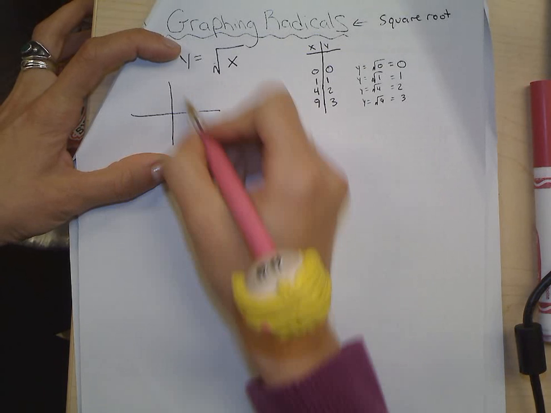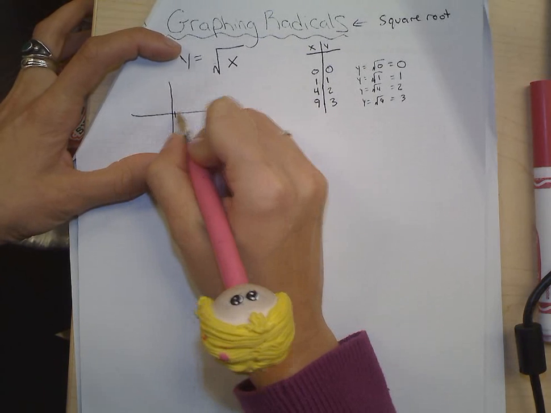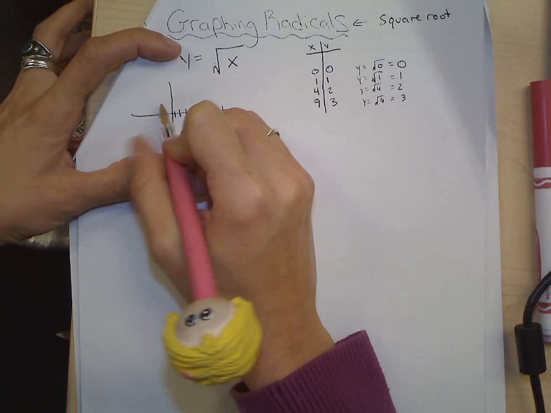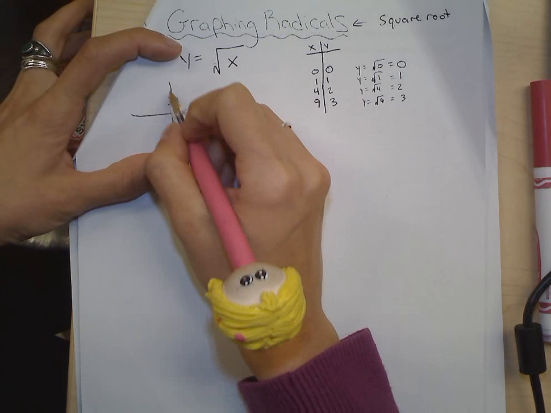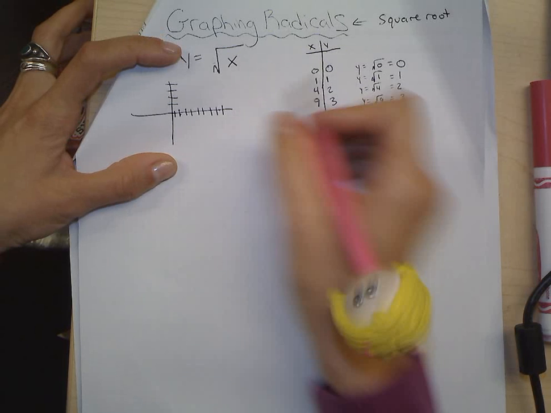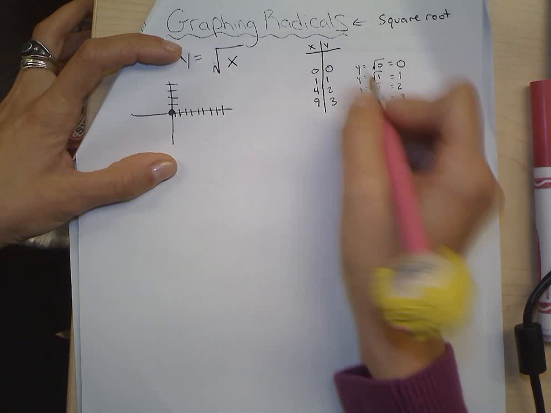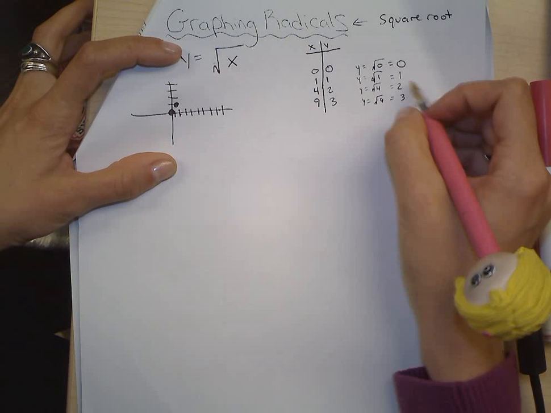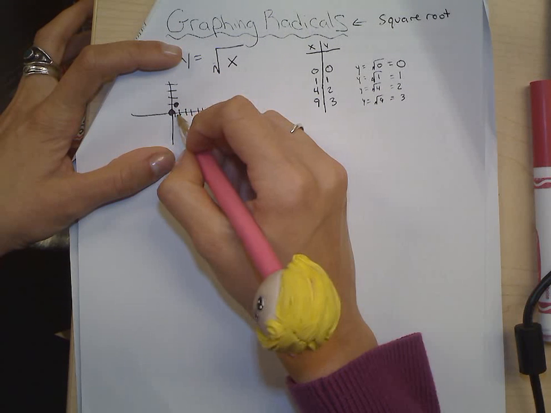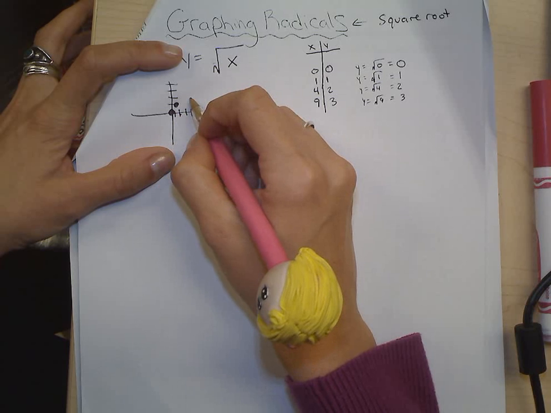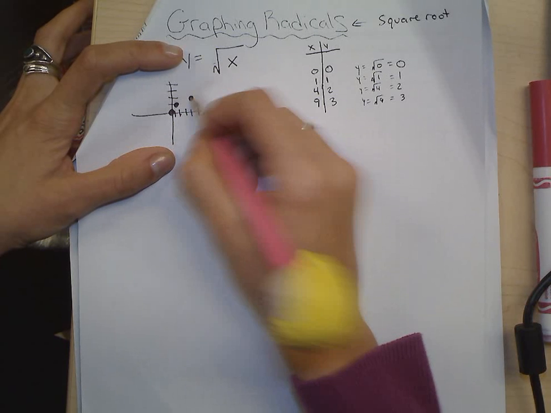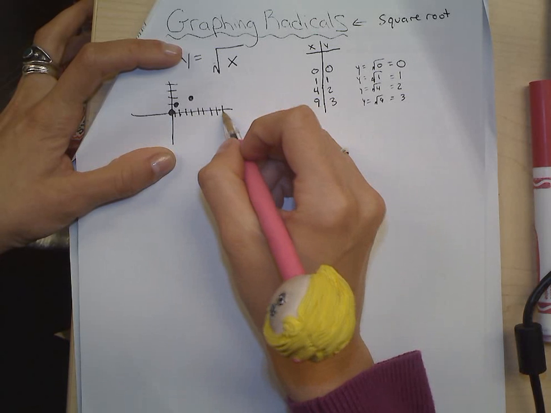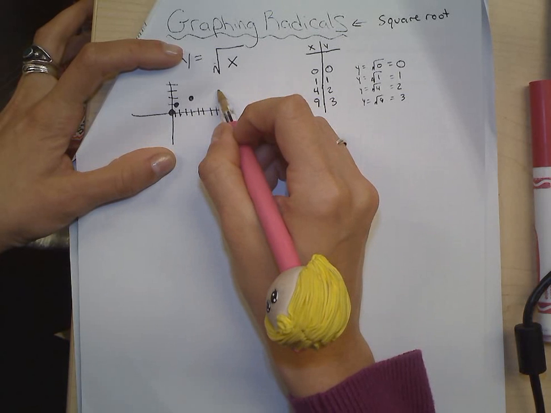I'm going to have 1, 2, 3, 4, 5, 6, 7, 8, 9 on the x-axis, and then 1, 2, 3, 4 on the y-axis. So 0, 0, I have a point there. 1, 1, I have a point here. And then 4, 2, and then 9, 3.